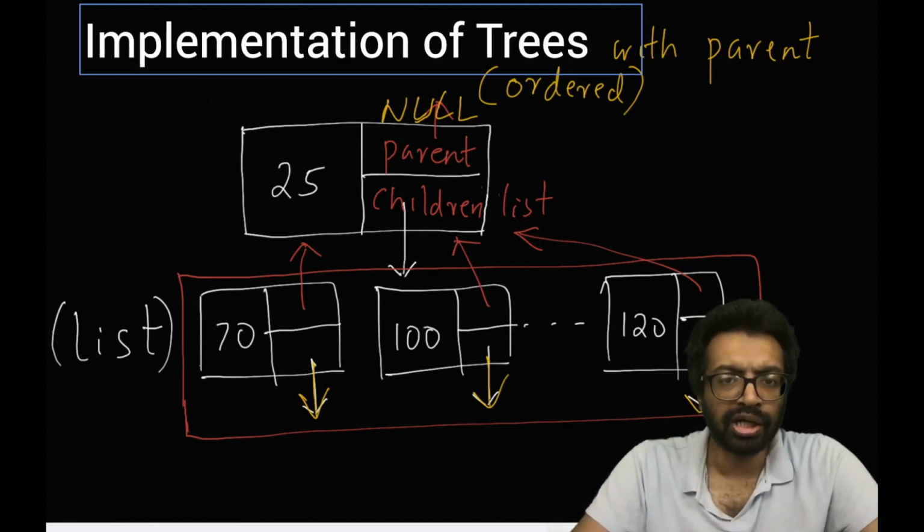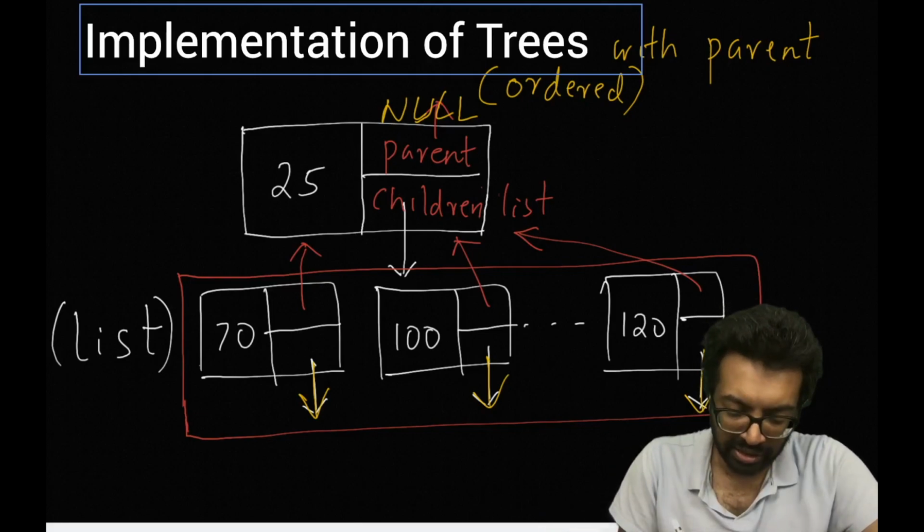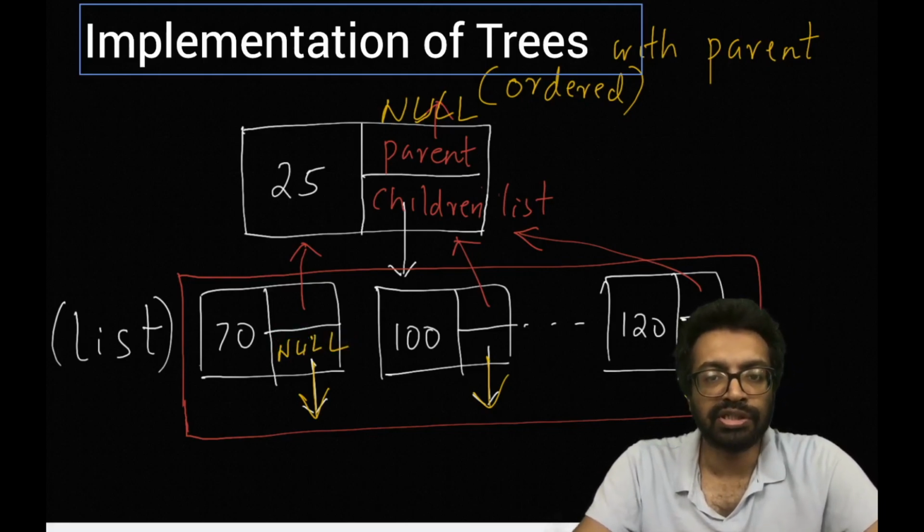Now, what happens if a vertex has no children, or if a vertex is a leaf? In that case, that pointer to its children is made null. It's clear?